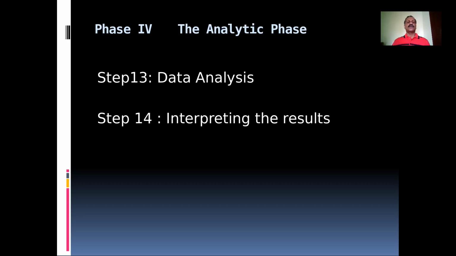Then we go to the 4th phase, that is the analytic phase. So the whole analysis is done here. Here we utilize biostatistics or different principles and methods in statistics for analysis and interpreting the findings. So these are the 2 steps. Step 13 we call data analysis, and step 14 we call interpreting the results.